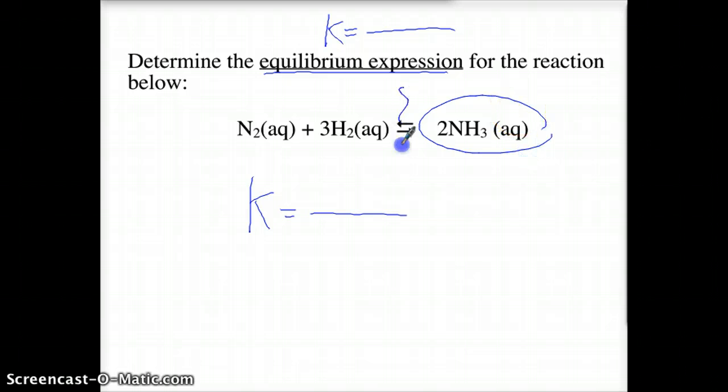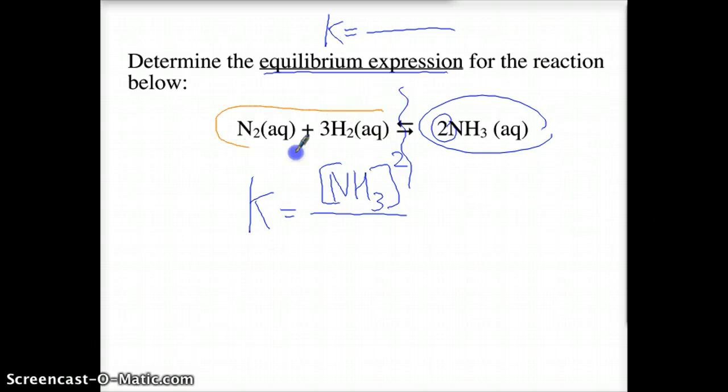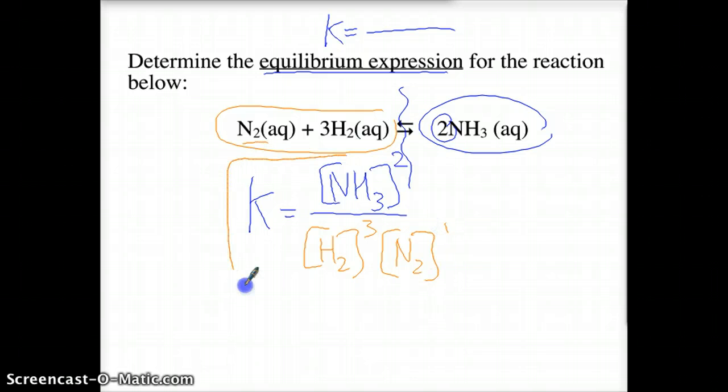So my product, NH3: the concentration of NH3 to the power of 2, divided by my reactants, the concentration of H2 to the power of 3 times the concentration of N2 to the power of 1. That would be my equilibrium expression for this reaction.